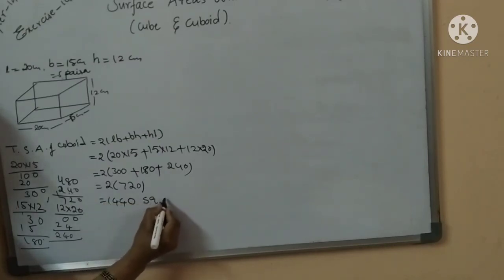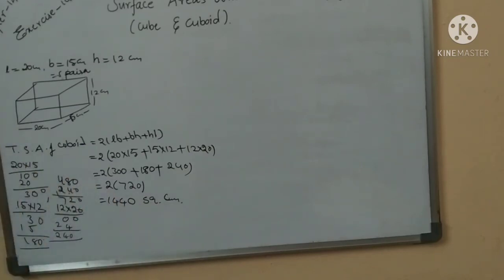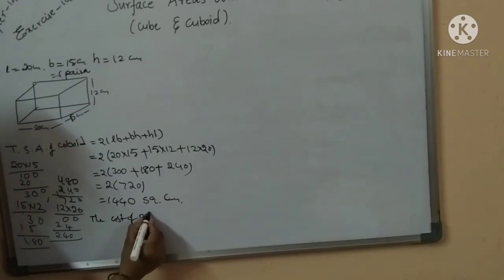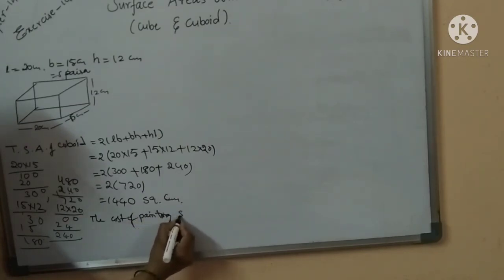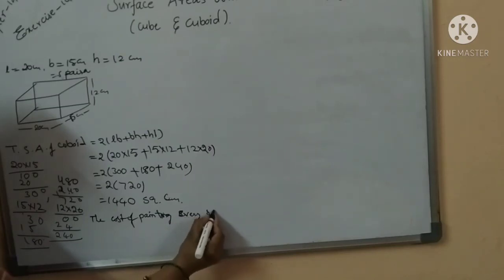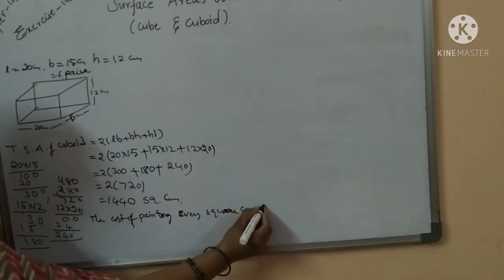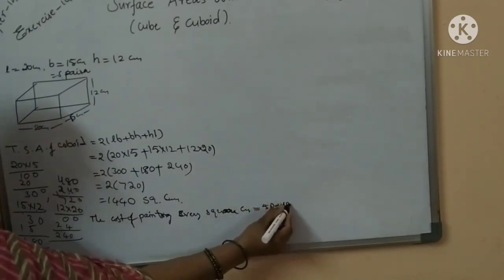It is in square centimeters, the total surface area of the cuboid. Every square centimeter costs 5 paisa to paint. So write: the cost of painting every square centimeter equal to 5 paisa.